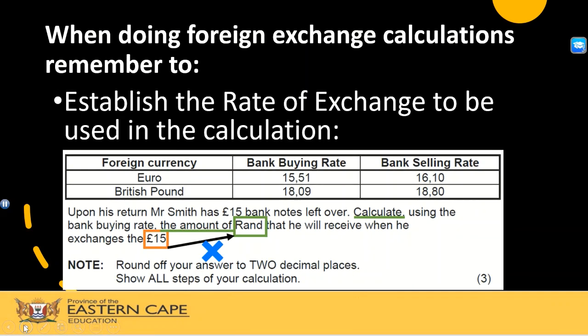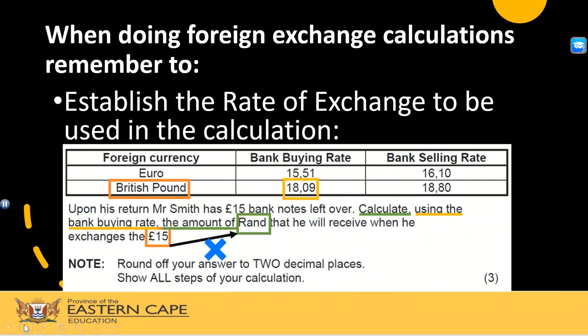The next thing on our list of to-do things is to establish the rate of exchange that must be used in the calculation. Again, as a grade 11, you are instructed in this case to make use of the bank buying rate that is underlined in yellow on your screen, and the bank buying rate for the British pound is given as 18.09. So what are we doing? We have £15.